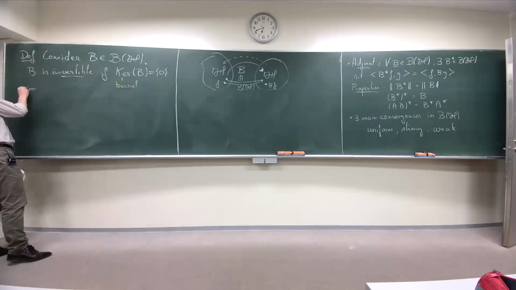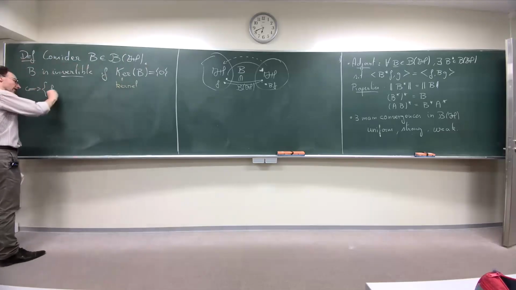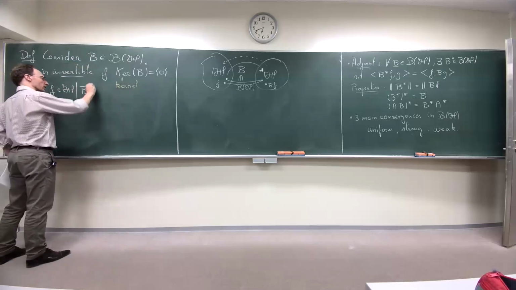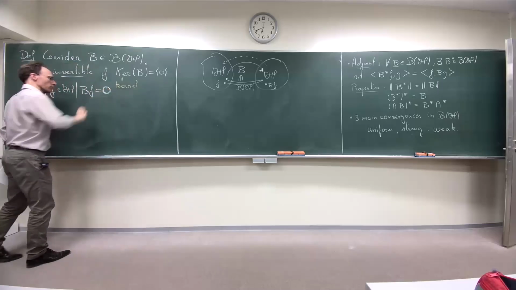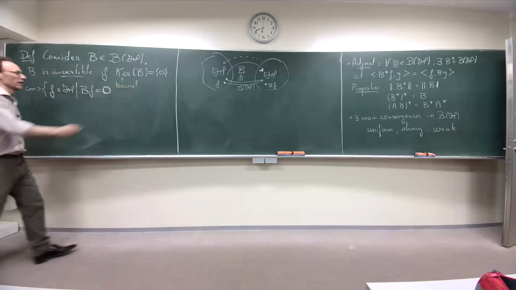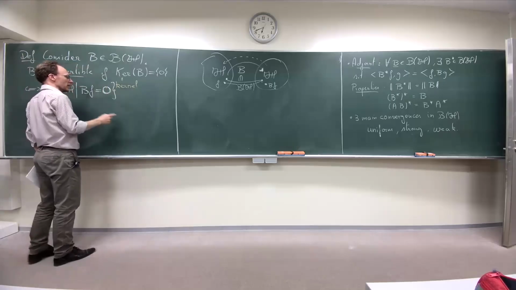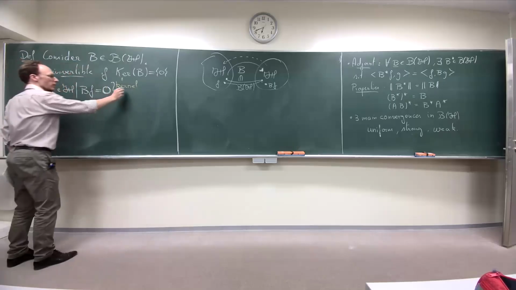This is equivalent to the set of F in H such that BF is 0. The set of F such that BF is 0 is the kernel.